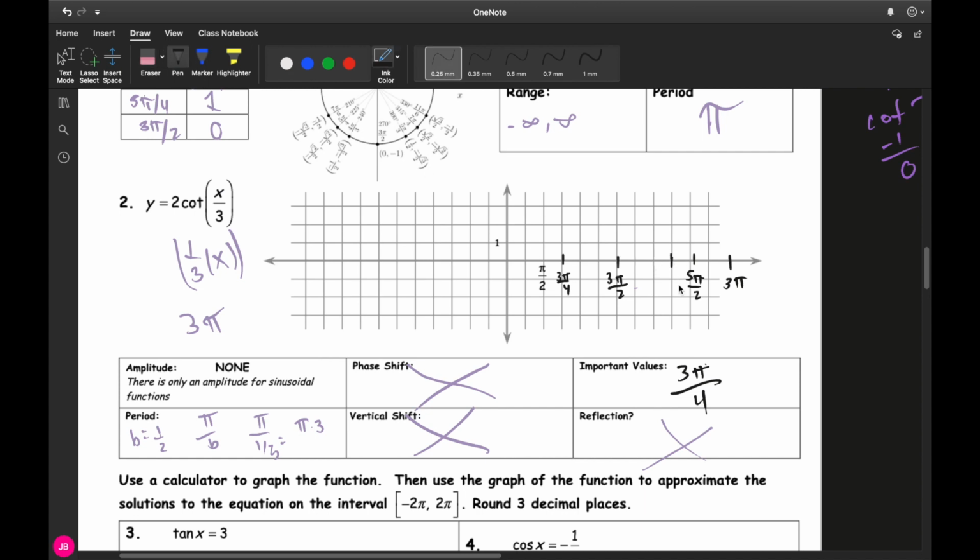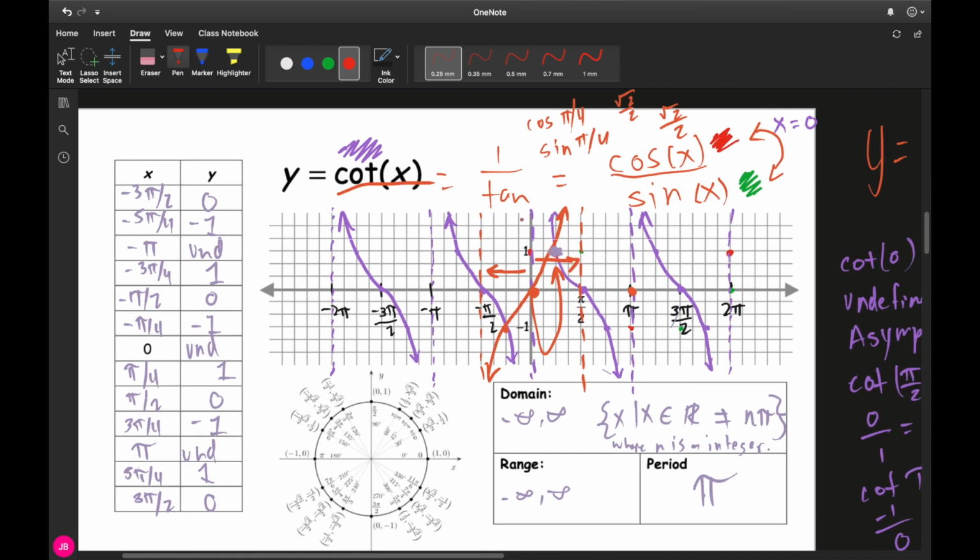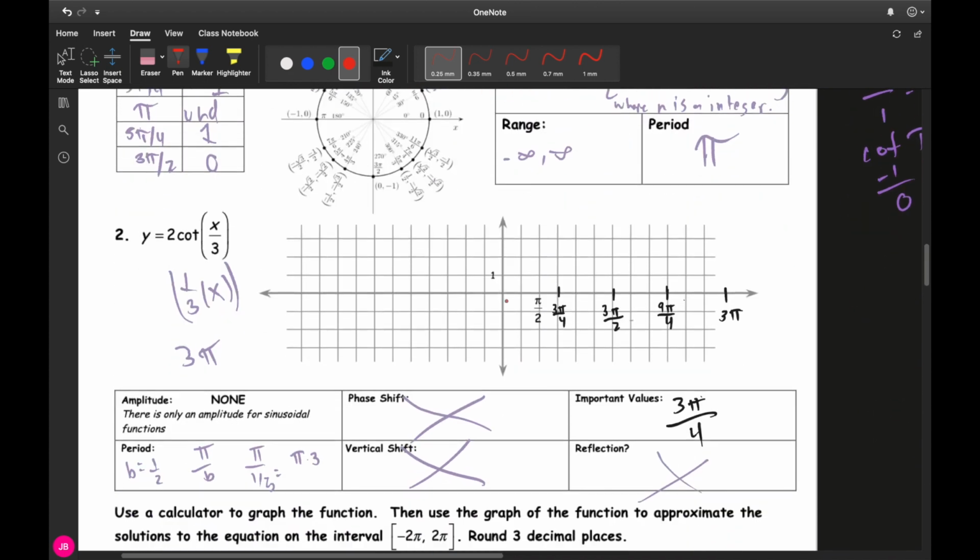This is going to be, you could say this is 9 pi over 4. And then 1, 2, 3, 3 pi, which is technically 12 pi over 4. So again, we don't need 5 pi over 2. So here we have our important values. Let's pick a color, doesn't matter. We can go with red. And we can start graphing. Now, based on the parent function that we have over here, we know that at 0, cotangent is an asymptote.